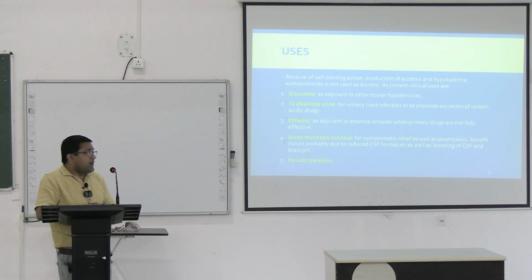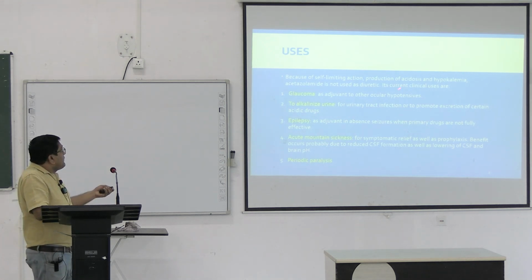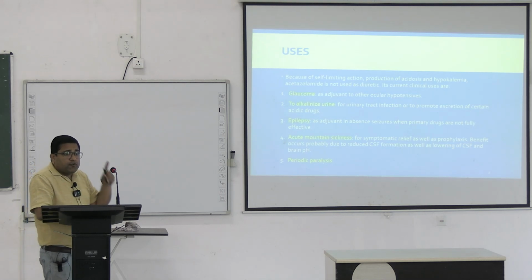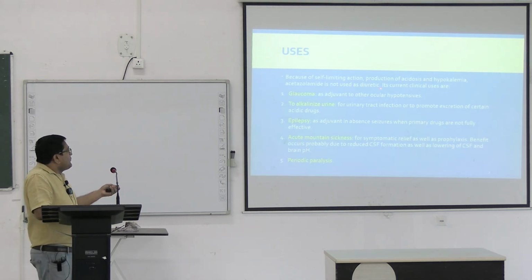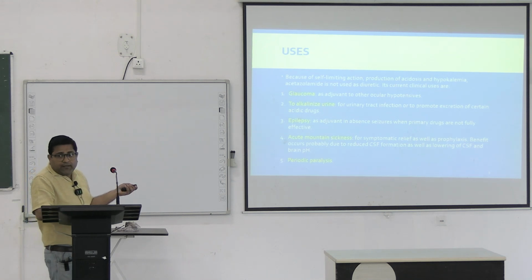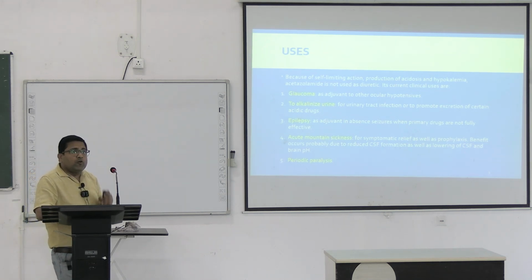Why? Because of the acidosis it produces and the higher amount of hypokalemia it causes, it is not used as a diuretic clinically, but it is used in glaucoma patients, in acute congestive glaucoma, as an adjuvant to other ocular hypotensives.